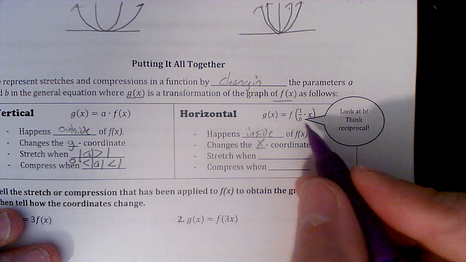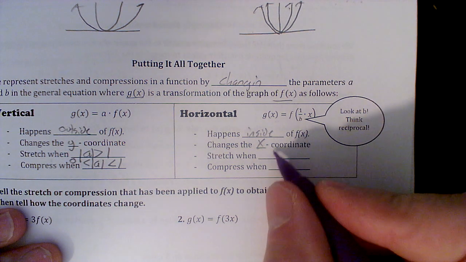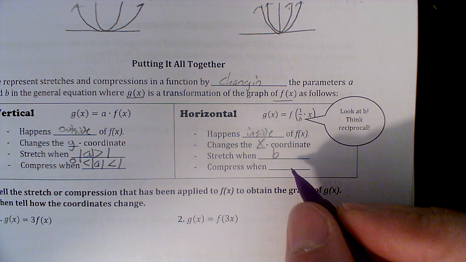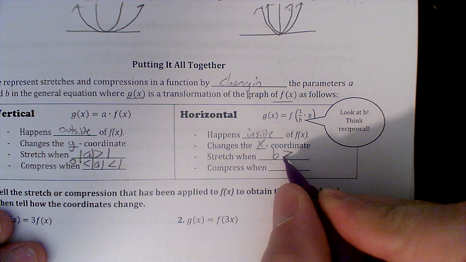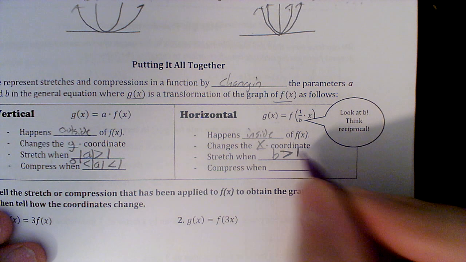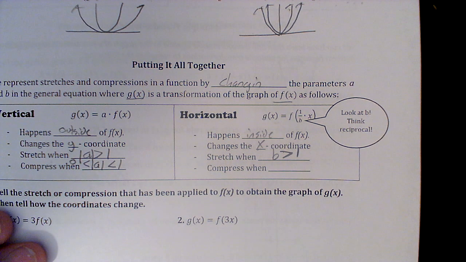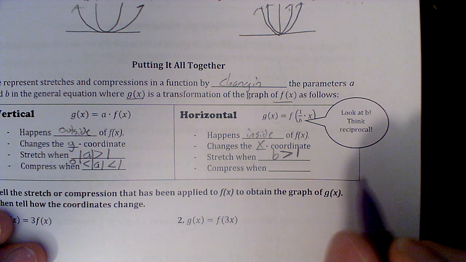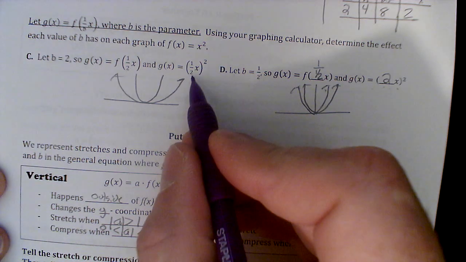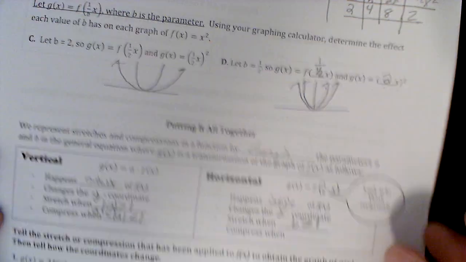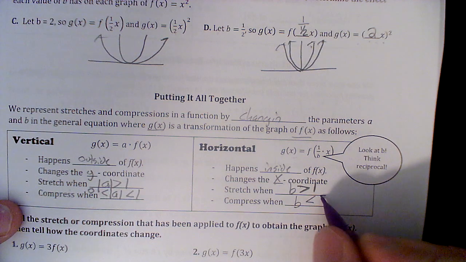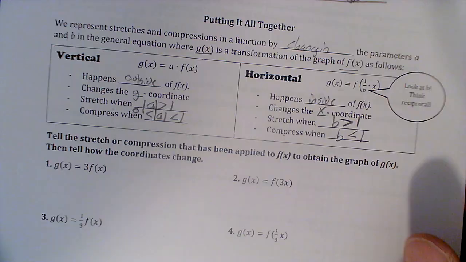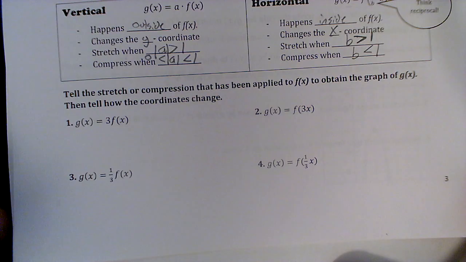Alright, the b, it's a stretch when b is greater than 1. And remember, that looks like a fraction though. That's going to look like a fraction. And it's a compression when b is less than 1. Okay?